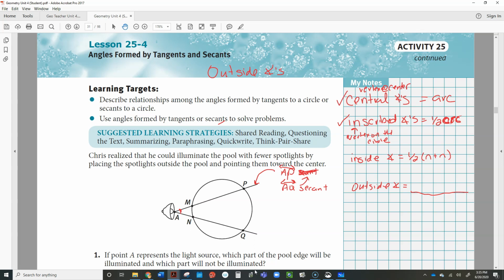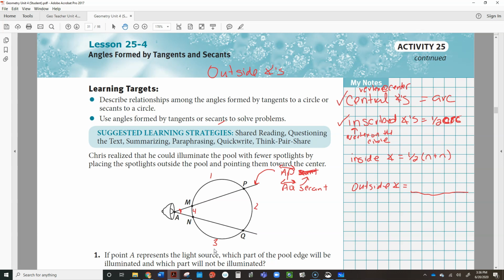Now, because these lines cut this circle, we've got several pieces. We've got the piece MP, we've got the piece PQ, we've got the piece QN, and then we've got this little piece up here, NM. There's 4 arcs going on up here. The main thing that you need to see is that 2 of the arcs are what we call interior to this angle.